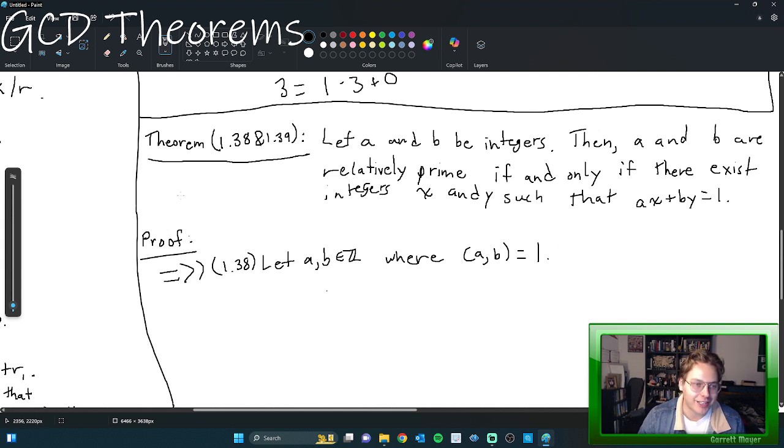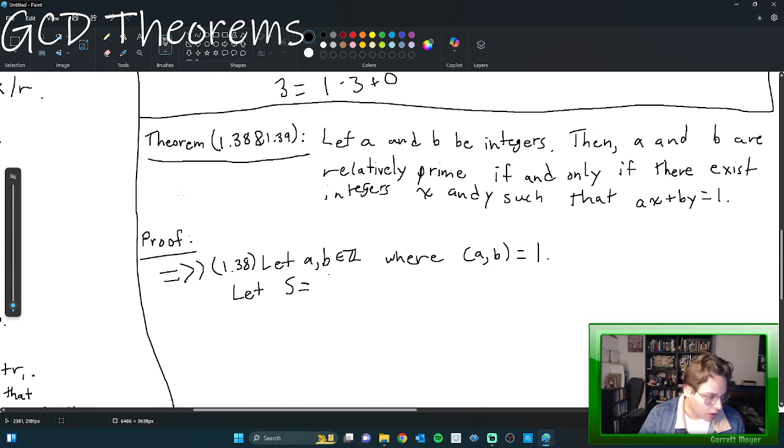It's just a much quicker way of doing so. So next we're going to define a set. And this set we're going to use the well-ordering axiom on, and then using that well-ordering axiom, we're going to show that we can find these integers x and y where they're equal to 1.